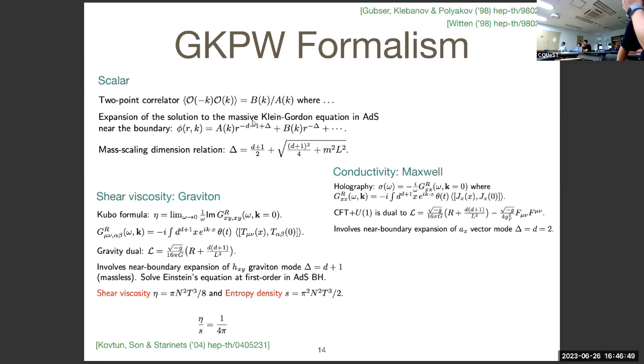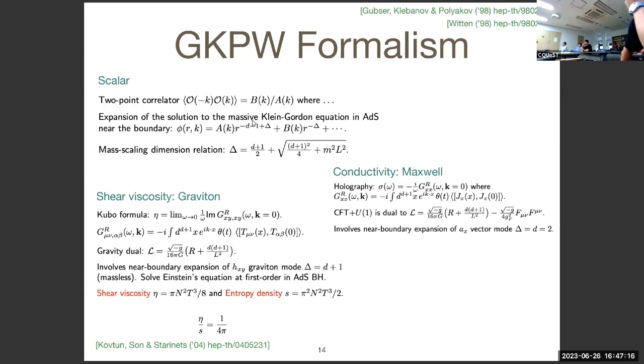The relationship is given by the mass and the scaling dimension. Delta is the conformal scaling dimension of the operator O, and m is the mass of the Klein-Gordon field. There is a relationship between the mass of the scalar field that you put in the bulk and the conformal dimension of the operator that you want in the boundary theory.